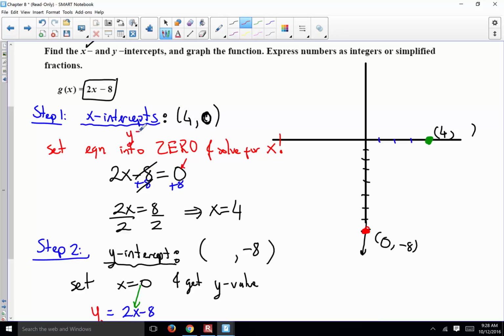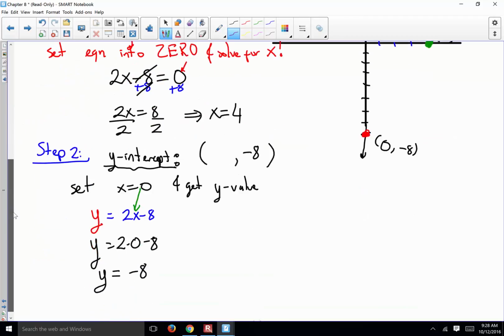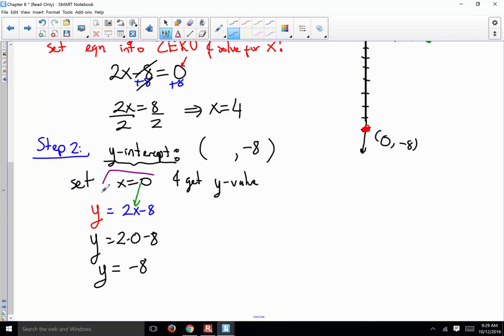You set y into 0 here. This was y, and you set this into 0 and solved. 0 equals 2x minus 8 to find x-intercept. So here is the story. To find x-intercepts, you set y into 0. In other words, left side into 0. To find y-intercept, we pick the opposite variable x and set it into 0.